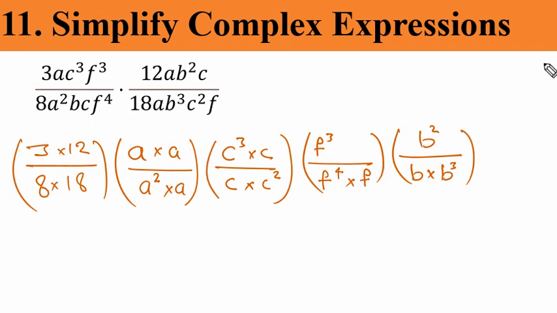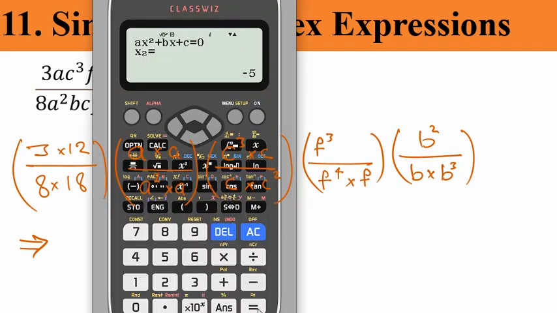Now we can easily simplify. Using the calculator you can simplify the numbers. If you cannot do it, you can just write it in the calculator and you will get the simplified expression.